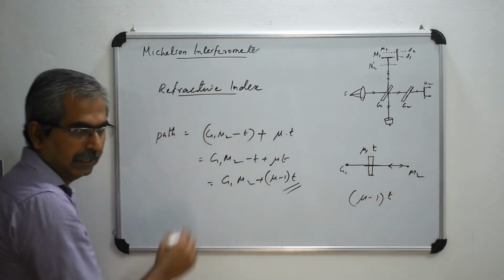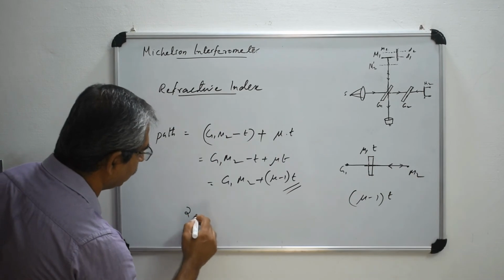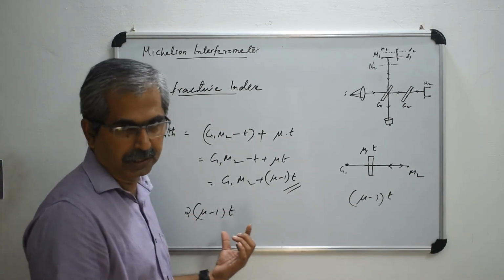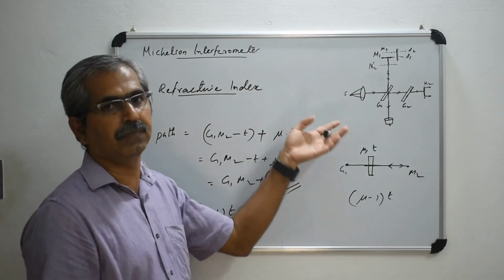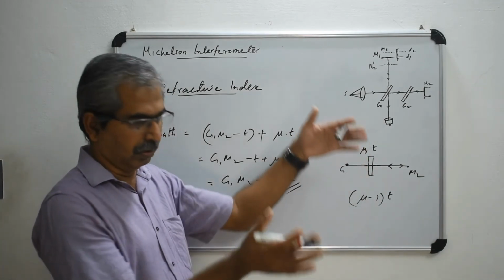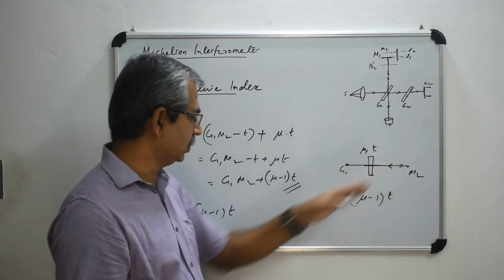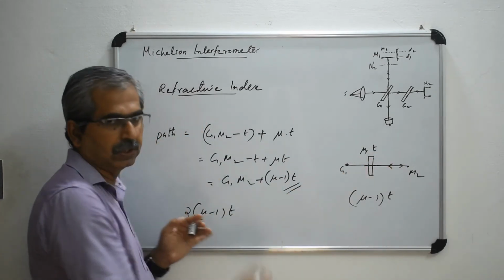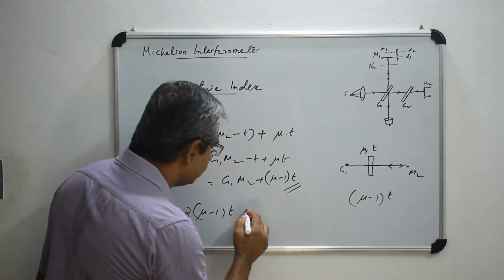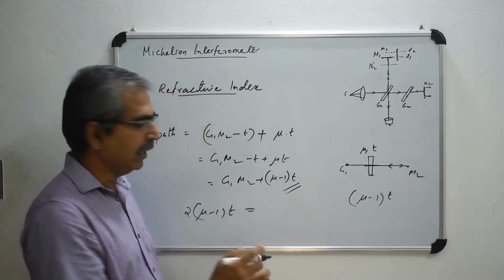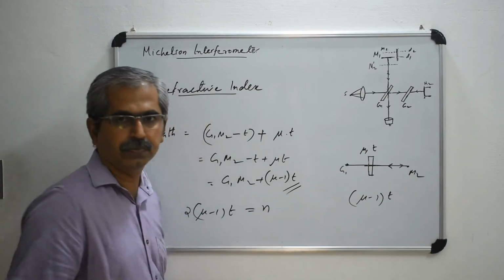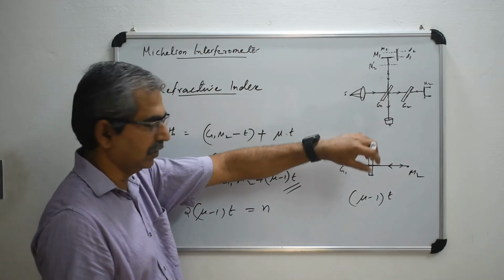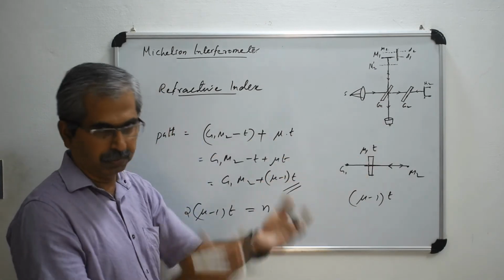So the total additional path is equal to 2 into mu minus 1 into T. This is the additional optical path. Already there is a path difference, and by introducing this, the additional path difference is 2 into mu minus 1 into T. And because of that path difference, suppose n number of fringes are changed. That means the fringe system will change definitely.